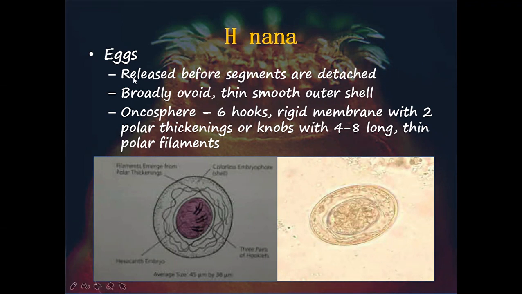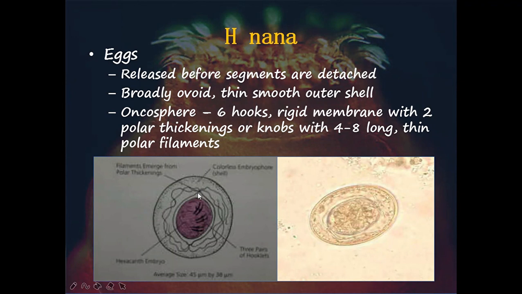So the eggs are released before the segments are detached. Meaning the eggs are released first, the proglottids remain inside. So you will seldom see the proglottids together with the eggs. They are ovoid with a thin, smooth outer shell. What is important is the oncosphere. It contains 6 hooks, but you have a rigid membrane with 2 polar thickenings or knobs.